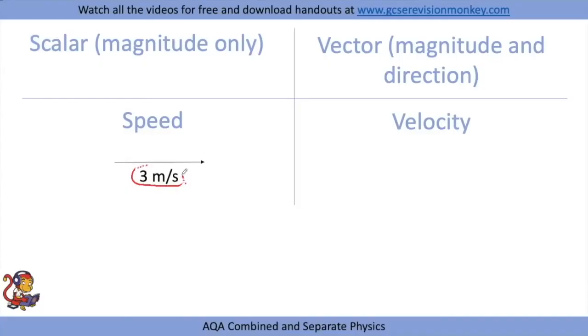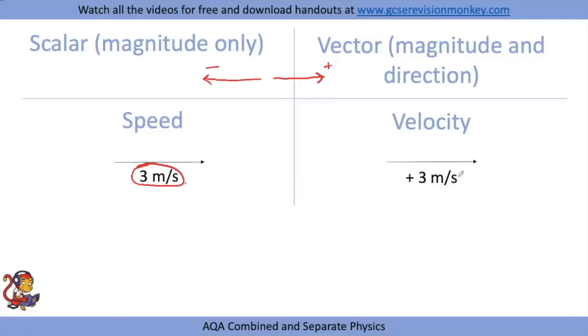However, with velocity, we need to indicate the direction that the object is moving in. What they do in physics is they state which direction is positive and which direction is negative. For example, a scientist could say, let's say that everything moving right is positive and everything moving left is negative. So rather than just writing 3 meters per second, if an object was moving to the right, when we talk about velocity, we'd be talking about plus 3 meters per second.